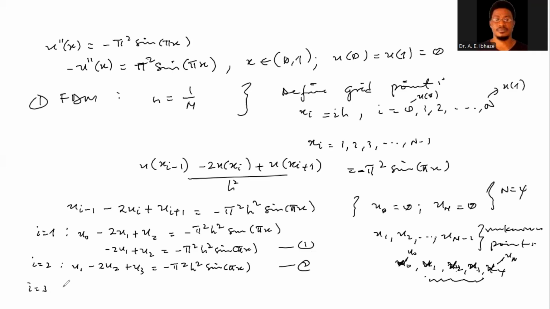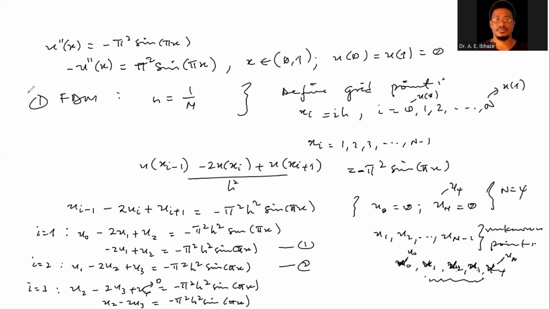So when i is the same as 3, for the third point, we have u_2 minus 2u_3 plus u_4 being the same as negative pi squared h squared sine pi x. Now, we already know that u_4 is the same as 0, so here we have u_2 minus 2u_3 being the same as negative pi squared h squared sine pi x.